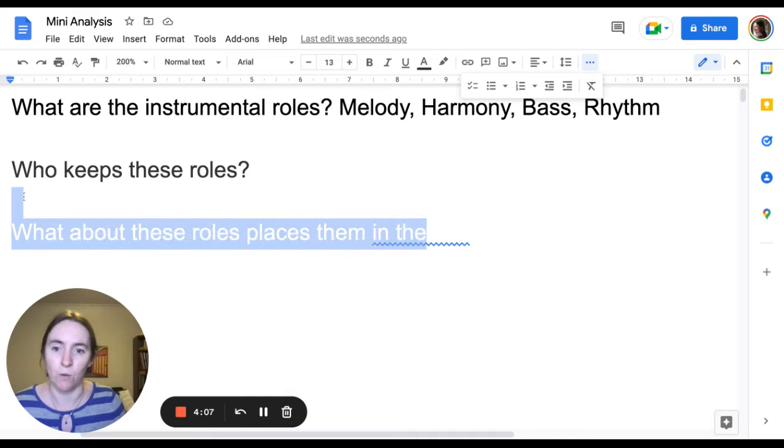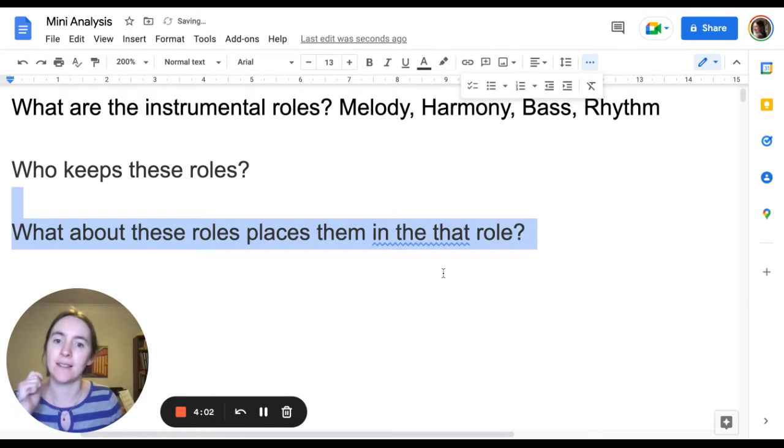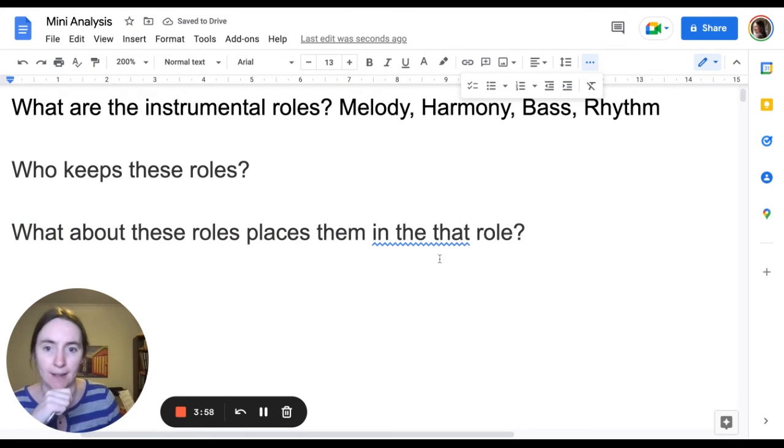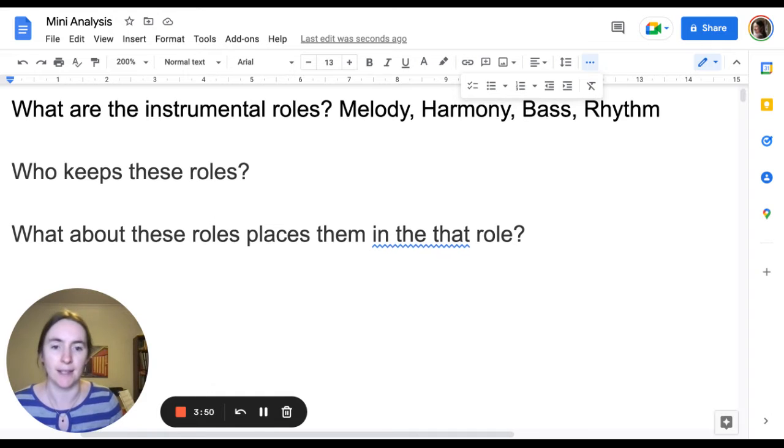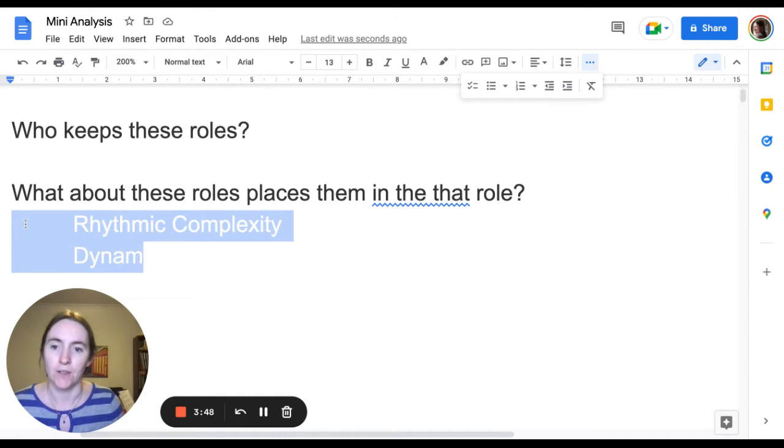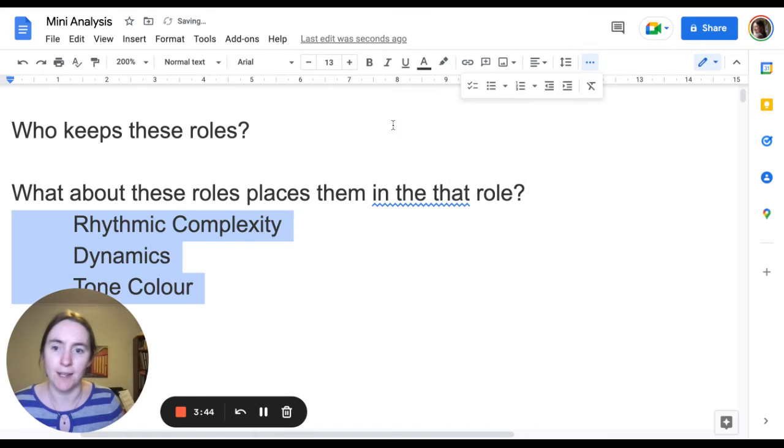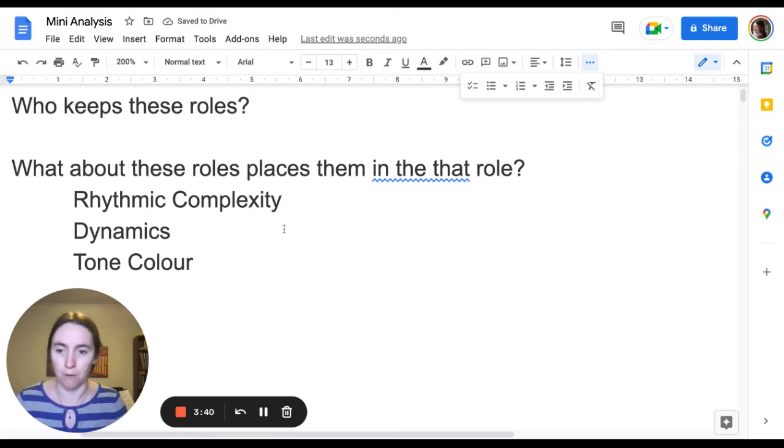Who is doing what? And then what about these places them in that particular role in the balance of the piece? So what about the melody places it in the foreground? What about the harmony places it in the middle ground? What about the bass places it in the background? So you might want to brainstorm some of those, but some of those things I find is rhythmic complexity, can place it in the foreground, middle ground, or background.